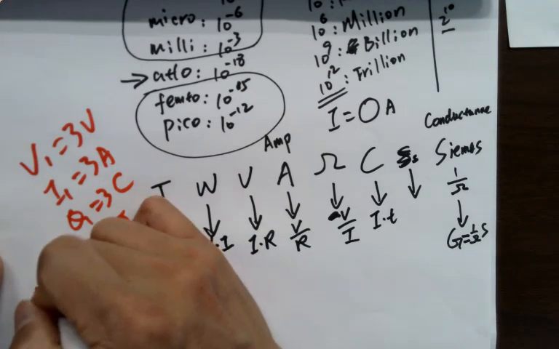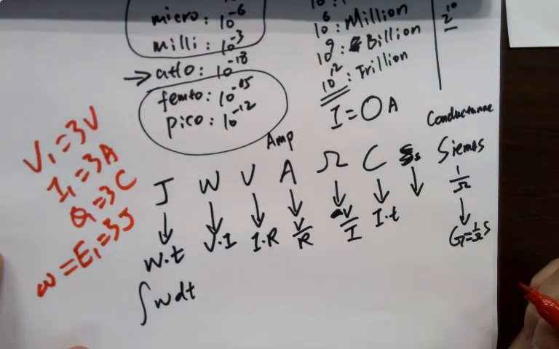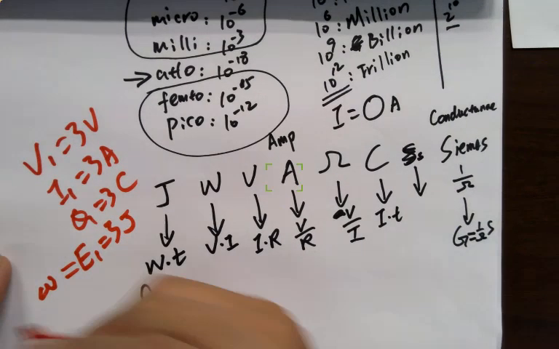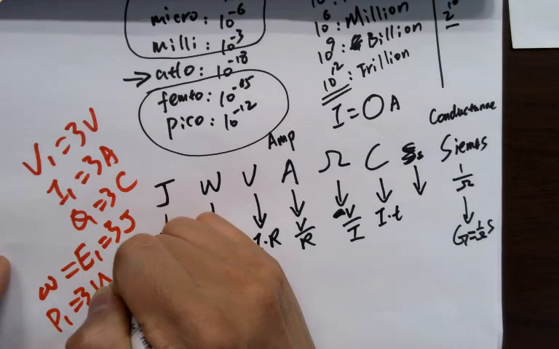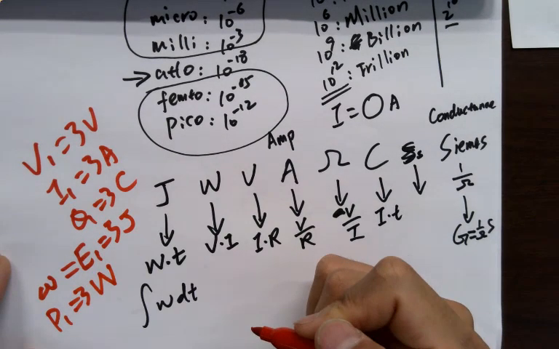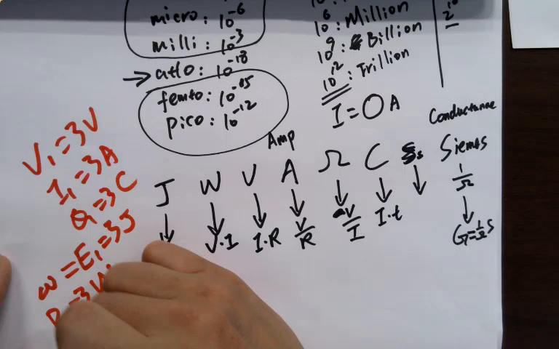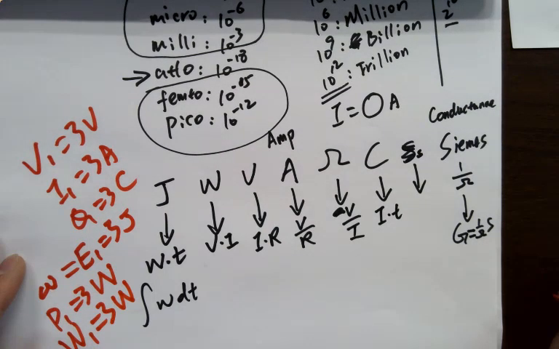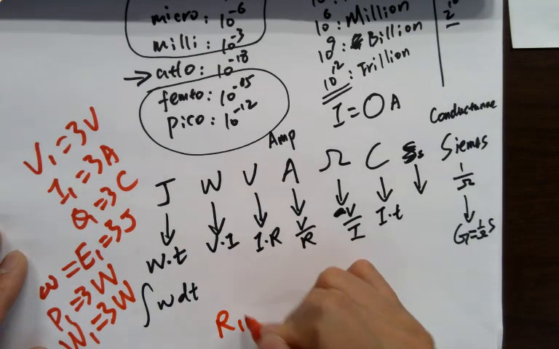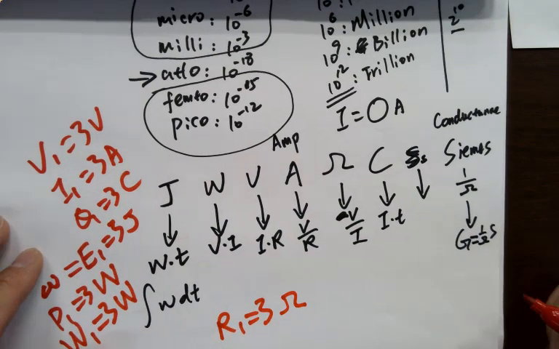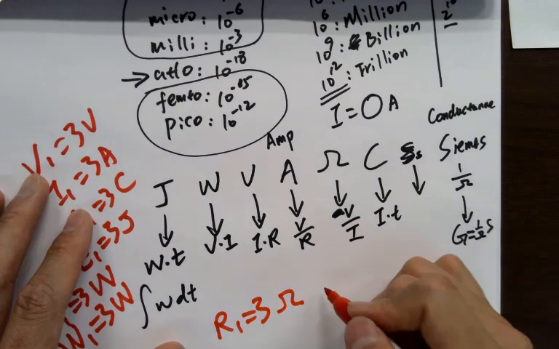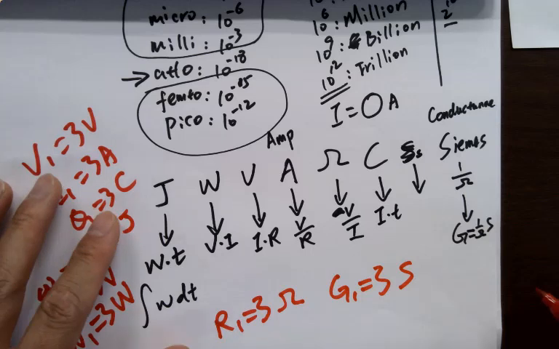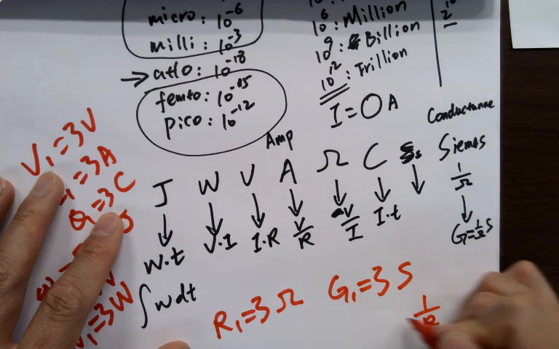They sometimes use omega as well. P1 is 3 watts. W1 is 3 watts. R1 is 3 ohms. G1 is 3 Siemens, which is 1 over R.